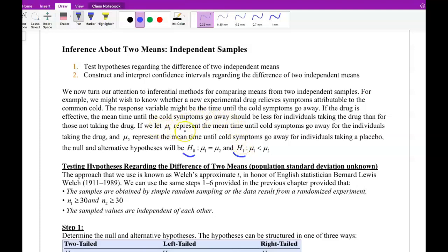And here we have less than. If the drug is effective, the mean time until the cold symptoms go away should be less for individuals taking the drug. So mu1 should be less than mu2. That's why we have less than.